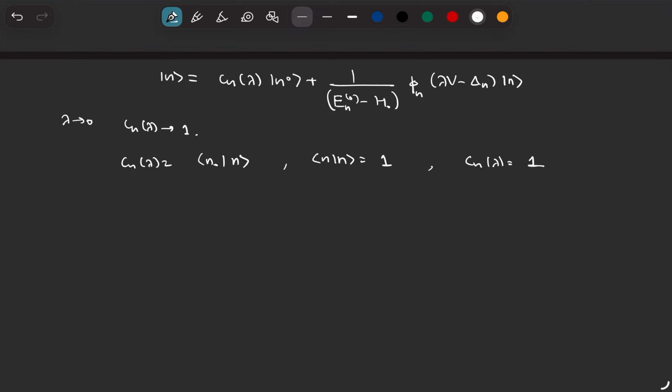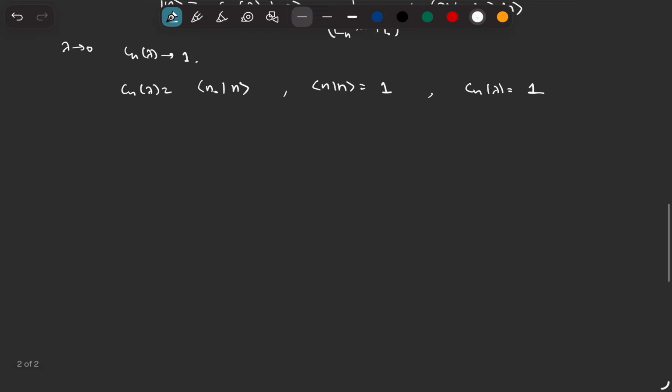This is totally fine, because if Cn of Λ is not equal to 1, we have to introduce an additional common multiplicative factor, which can be settled later on, and it's not that hard to do.